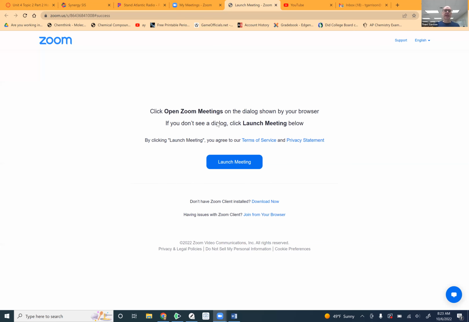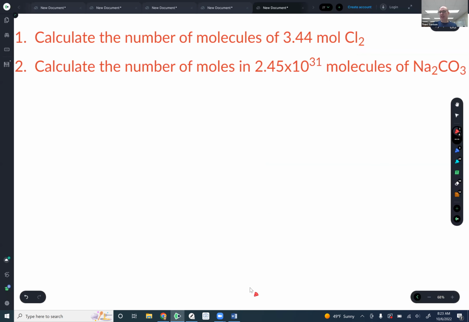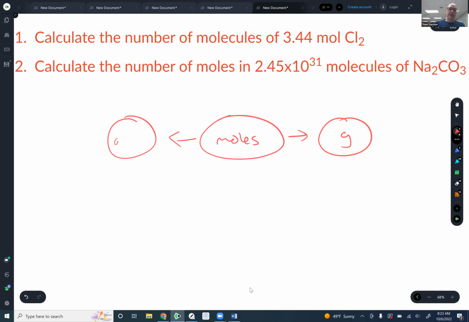On this one, it's the second part of this mole map stuff. We've got to learn how to make molecules make sense for us. If I were to create our mole map again, moles are in the middle, grams out here, atoms out here, but it could also be molecules.